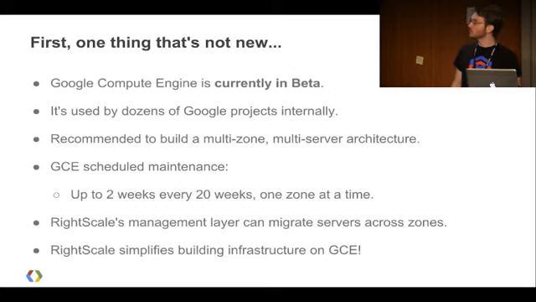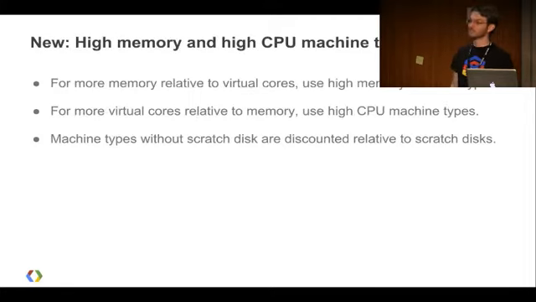But using tools and things like RightScale, it's pretty easy and quick to migrate your entire deployment from one zone to another. I think someone was telling me earlier it's something like 17 minutes to move a full application deployment from one zone to a different zone with RightScale. So RightScale's awesome.